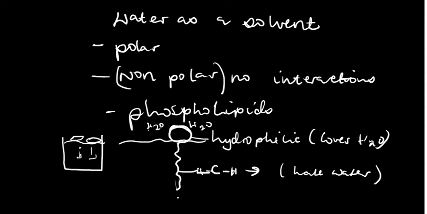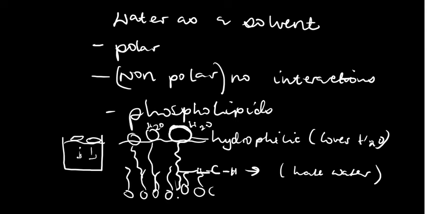So we'll have many tails looking like this, facing away from water, and others also on the other end. This is why we have a lipid bilayer commonly found in cell membranes, which will be learned further on. So this is what causes water to arrange itself in such a manner.